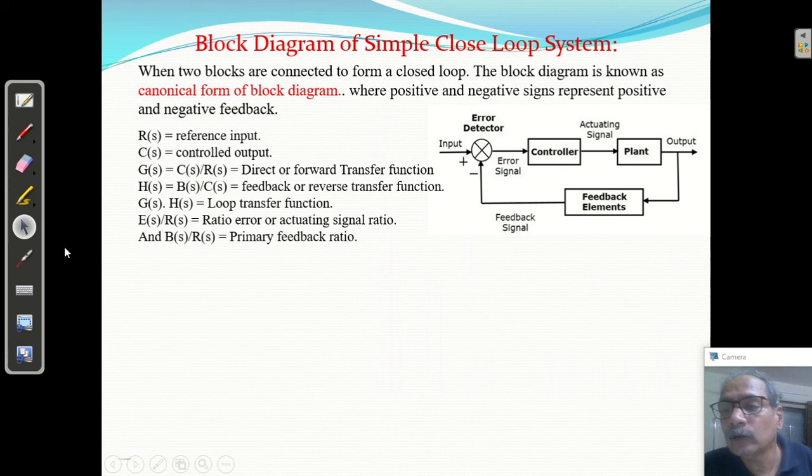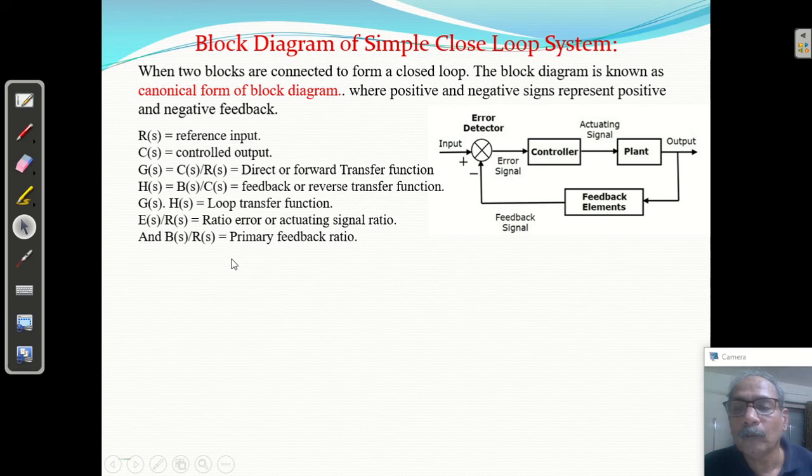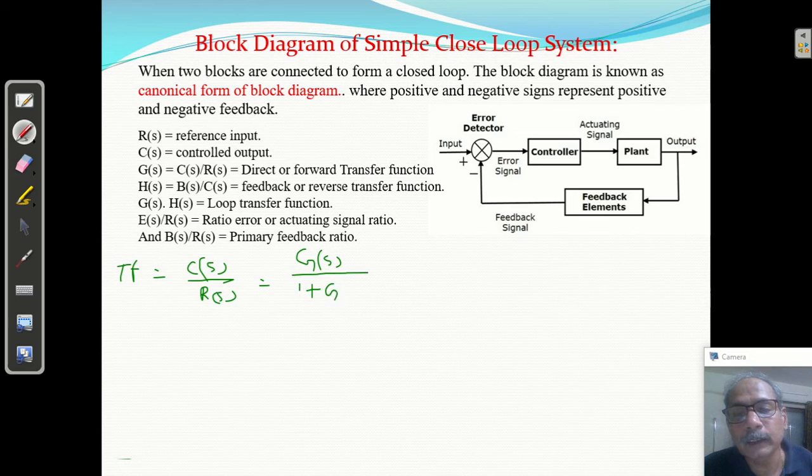We got the transfer function of a closed loop control system, C of S upon R of S equal to G of S upon 1 plus G of S H of S. That is the forward path gain upon 1 plus forward path gain into feedback path gain. For a negative feedback it is positive, for a positive feedback it is negative.